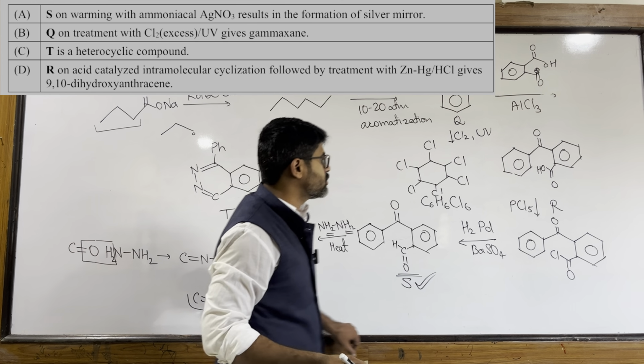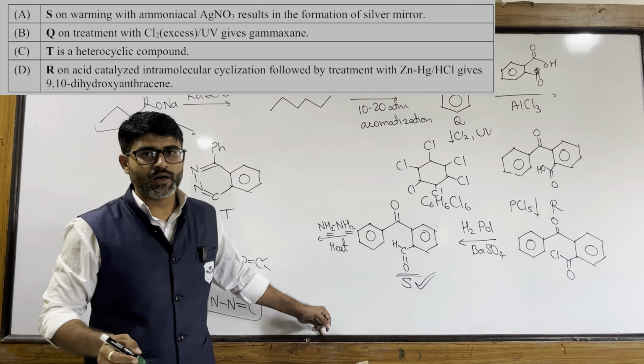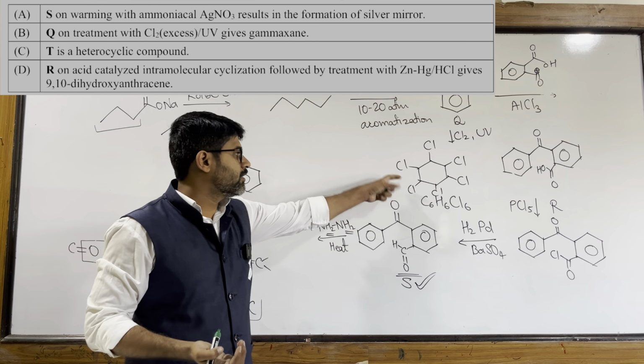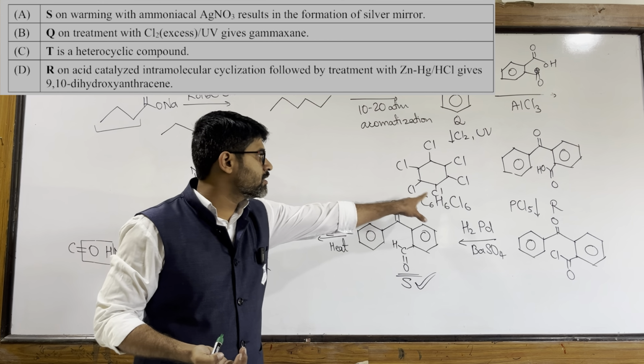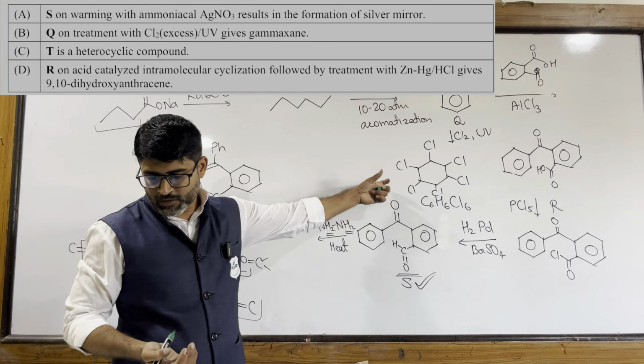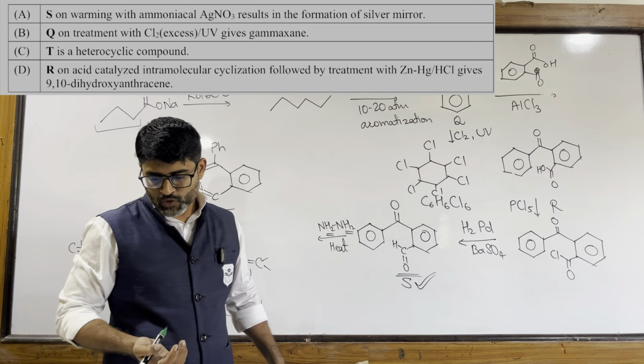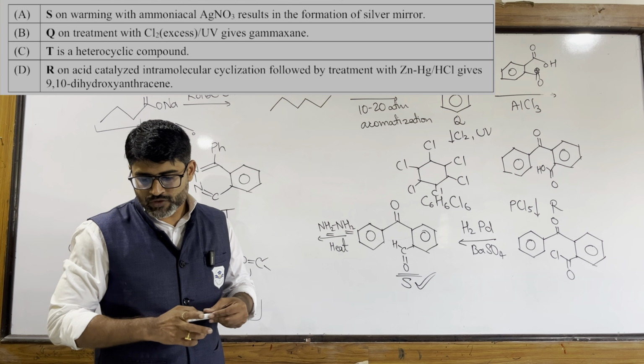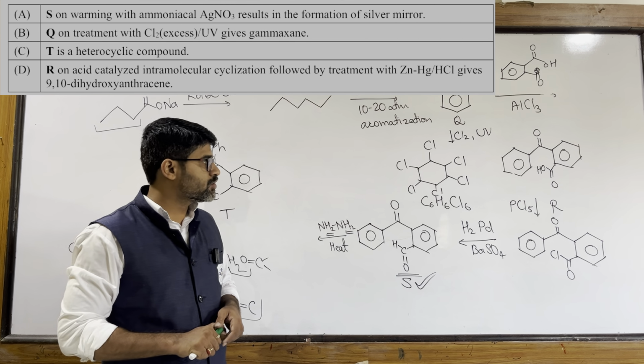So this option is also correct. In the presence of chlorine and ultraviolet light, it is a reaction from NCERT. We get C6H6Cl6 gammaxane as the product. So Q on treatment with excess Cl2 and ultraviolet gives gammaxane. B option is also correct.